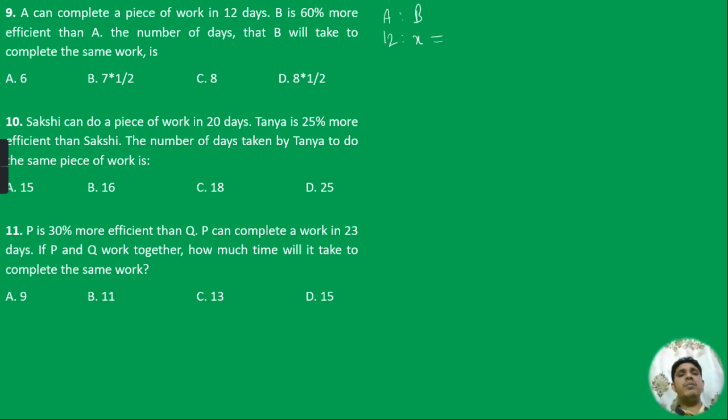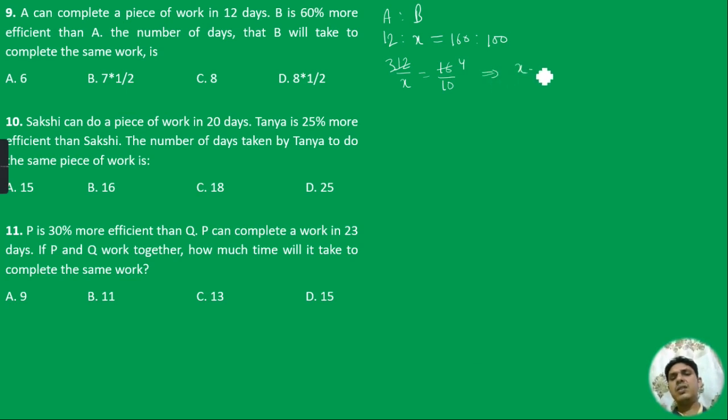Now second thing is saying that B is 60% more efficient than A. So if we assume that the number of days taken by B is 100 and number of days taken by A is 160. So we can say that B is 60% more efficient than A. So simply solve this question. 12 divided by X is equal to 16 divided by 10, and 4 3s are 12, 4 4s are 16.